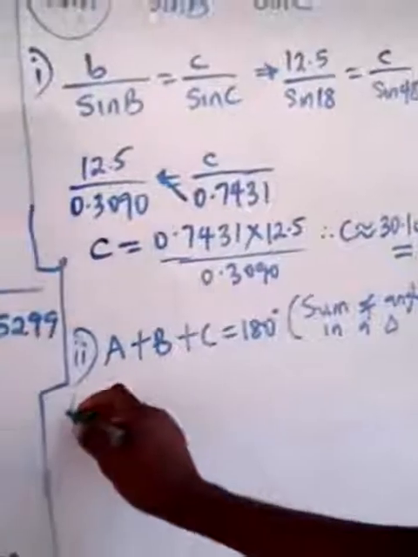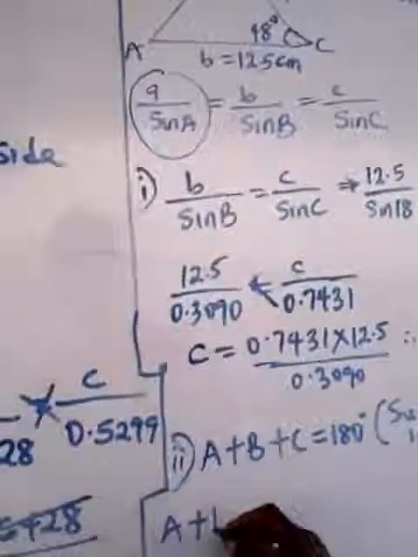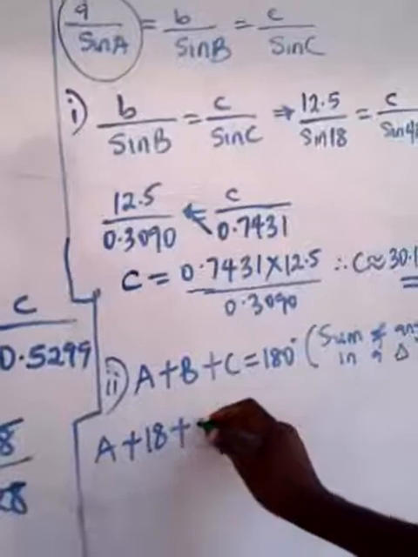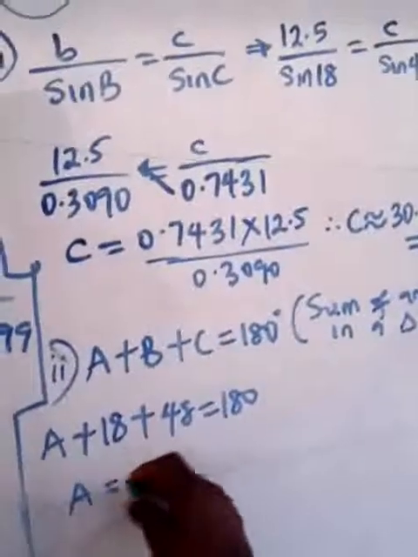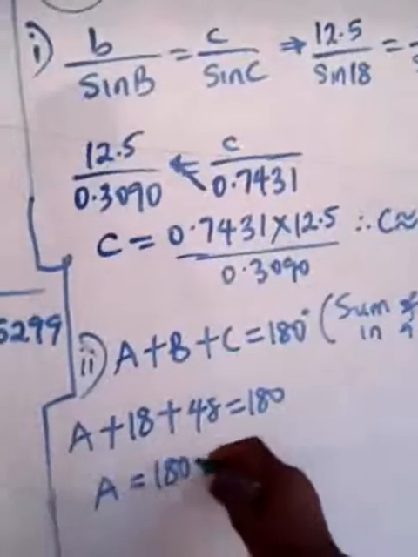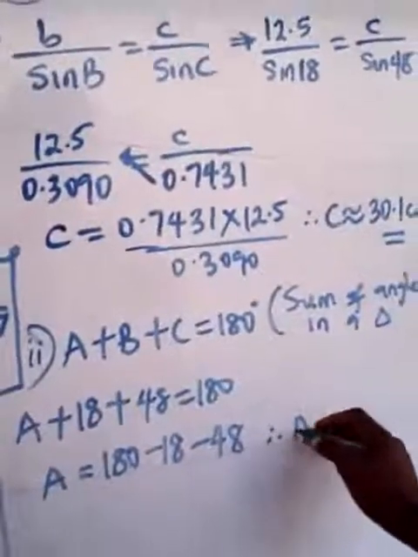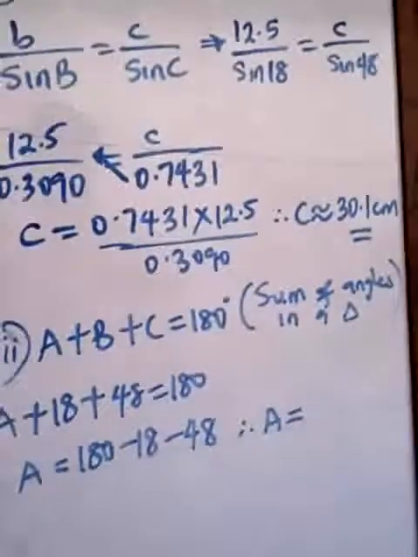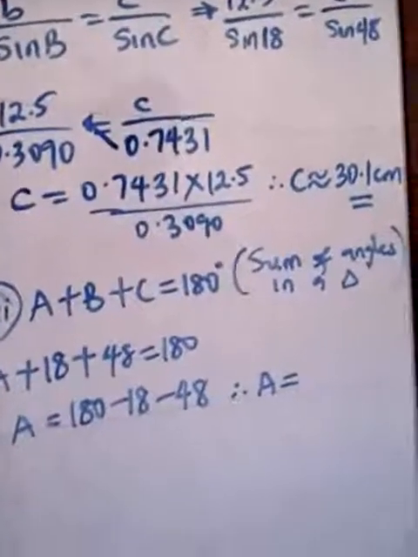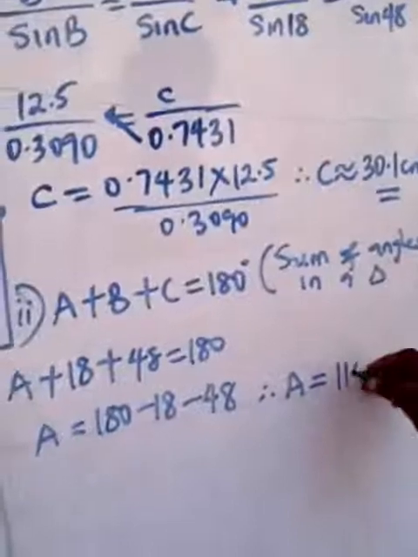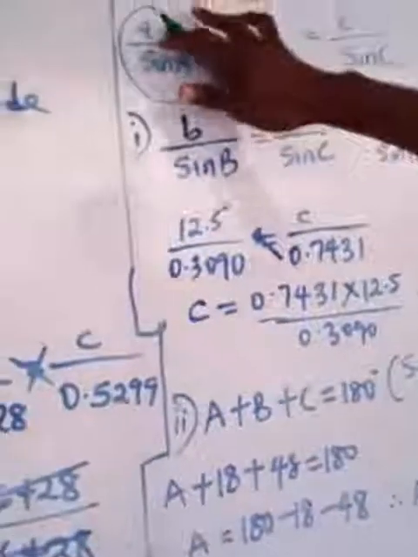So we have A plus angle B, which is 18, plus angle C, which is 48, is equal to 180. So A is equal to 180 minus 18 minus 48, which is 114 degrees.